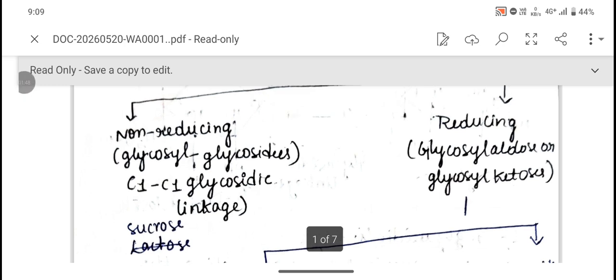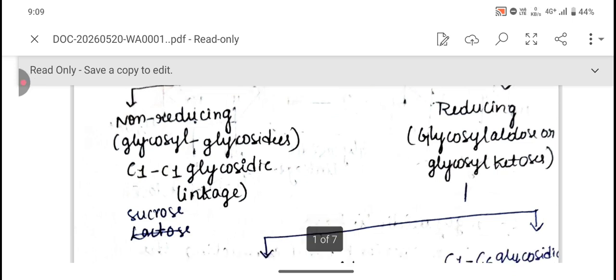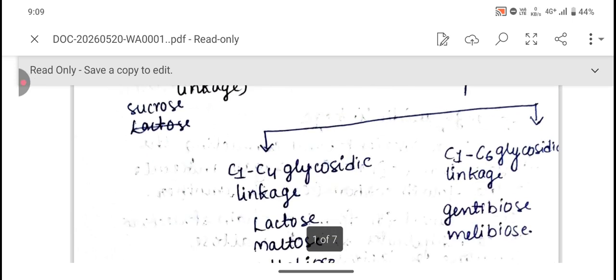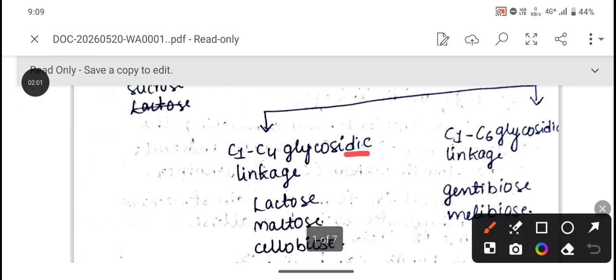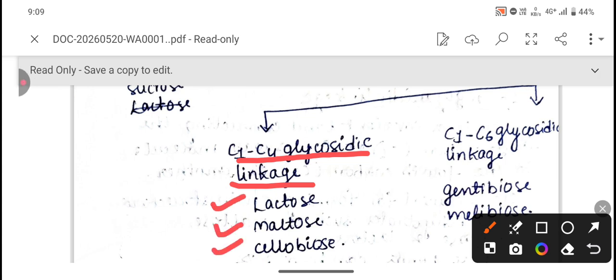Another one is reducing disaccharides, also called glycosyl aldoses or glycosyl ketoses. Again these are of two types. One is C1 C4 glycosidic linkage disaccharides, which means lactose, maltose, cellobiose.